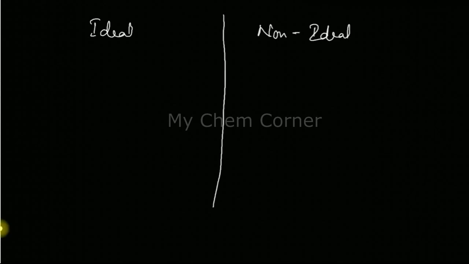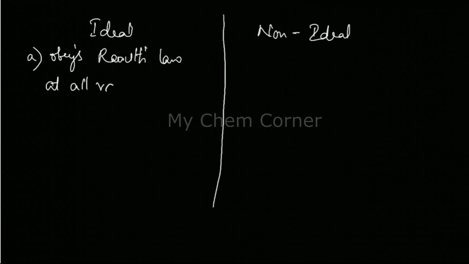So I'll put ideal on one side and on the other side I'm going to put non-ideal. Alright. Now let's see differences. The first one is of course very obvious. It obeys Raoult's law at all ranges of concentration and temperature.